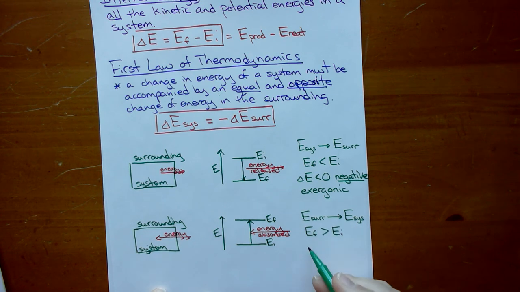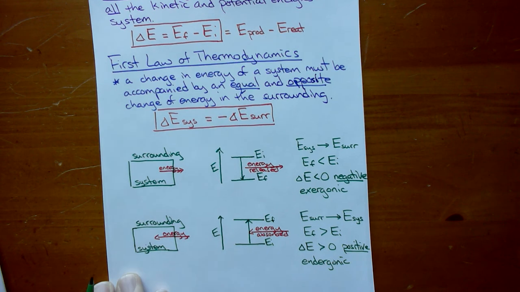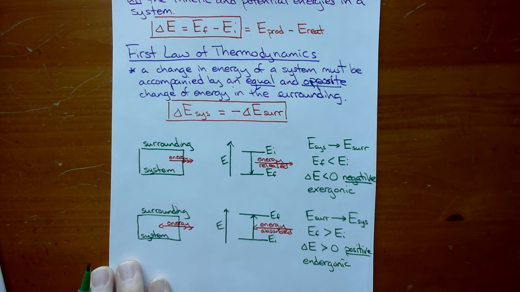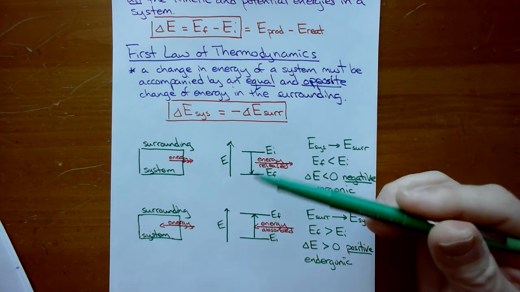And so the change in energy is greater than 0, or positive, so it's a positive value, and we call it endergonic. The way I remember it is that energy is entering, or going into, and so endo sounds like it's going in.